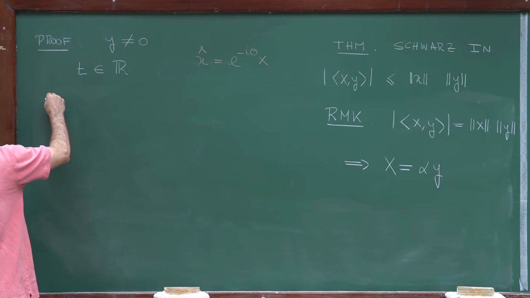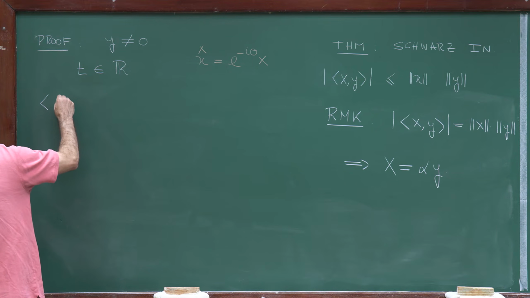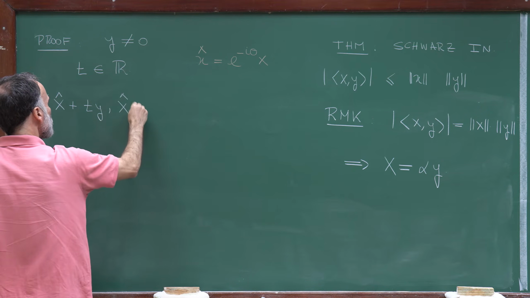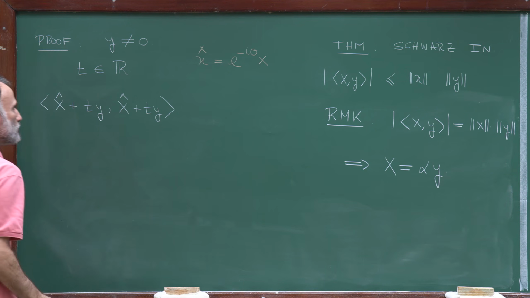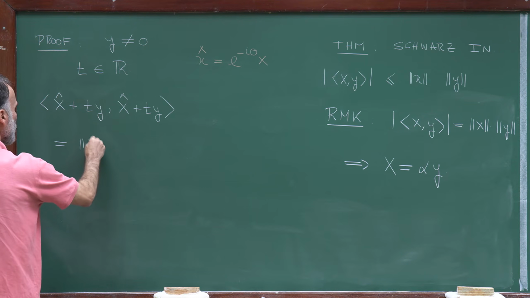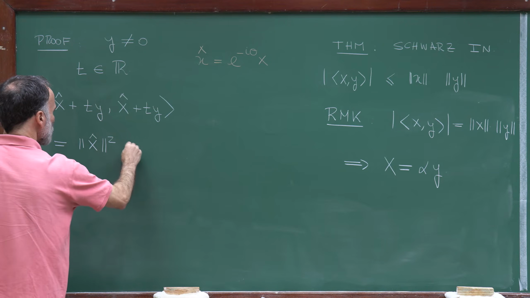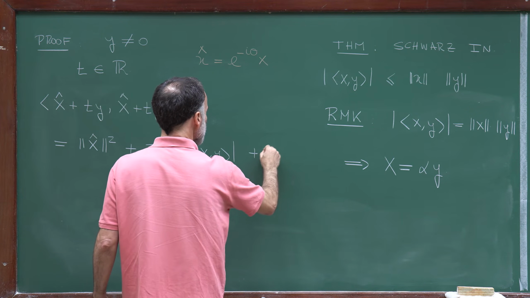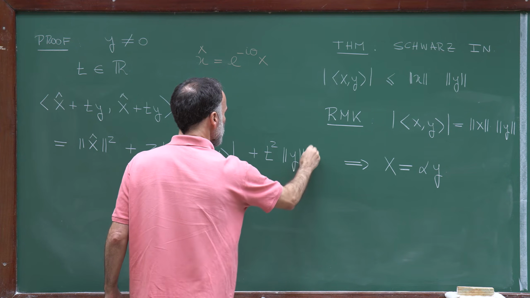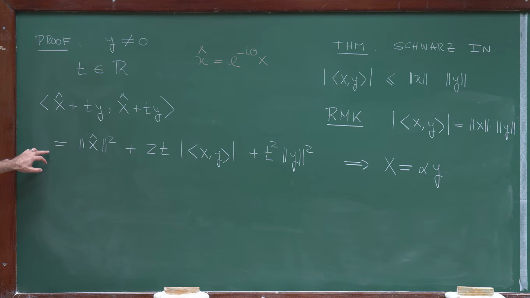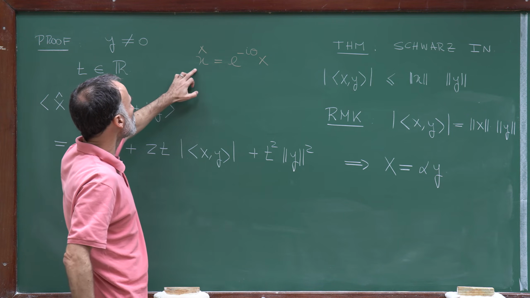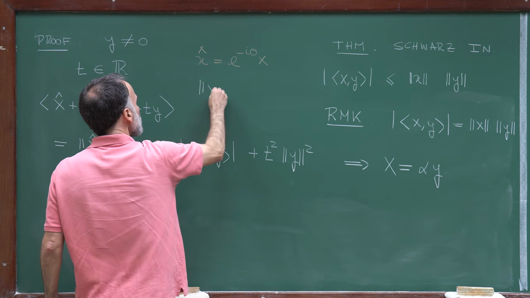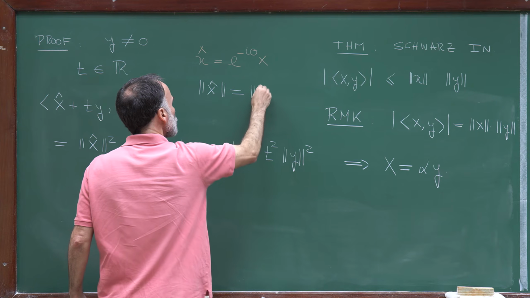We'll start again from the identity. Remember, we had the norm of x hat plus t y squared, and we proved that this is equal to the norm of x hat squared plus 2 times t times the scalar product of x with y plus t squared times the norm of y squared. Here x hat is exponential minus i theta x, and we proved also that the norm of x hat is equal to the norm of x.